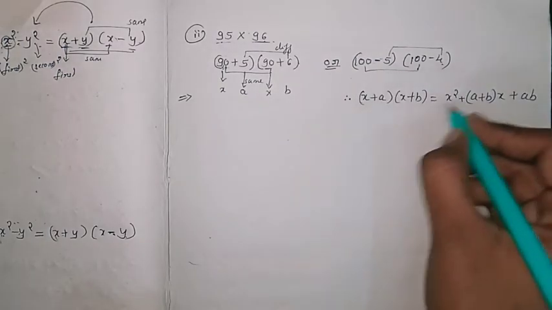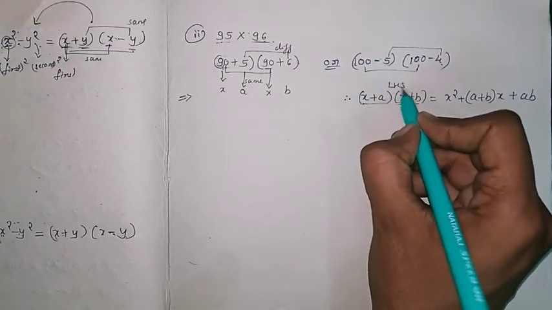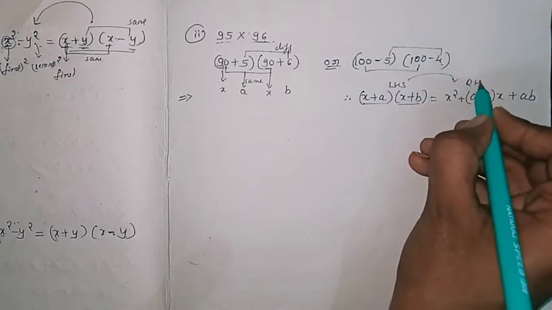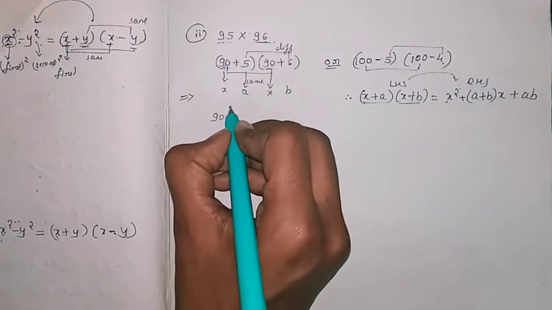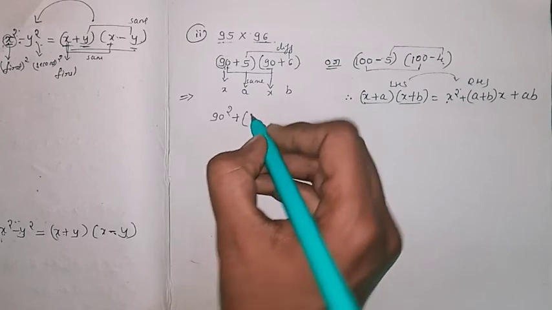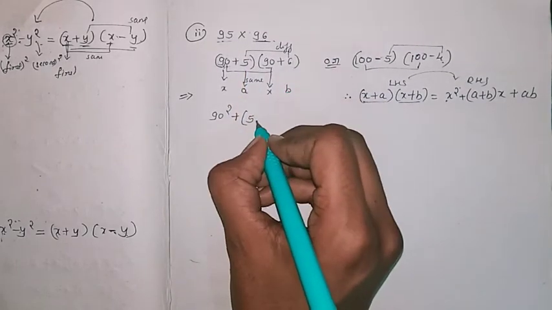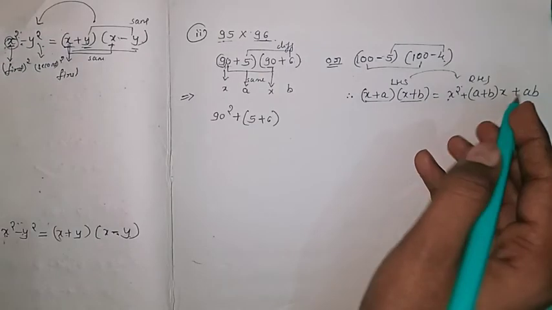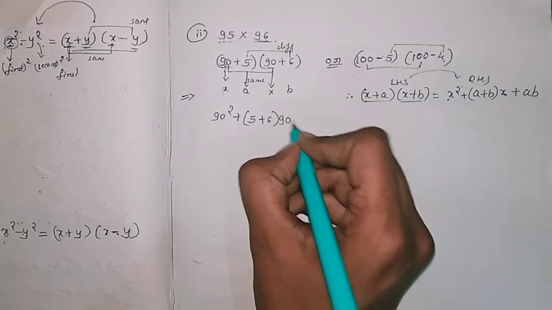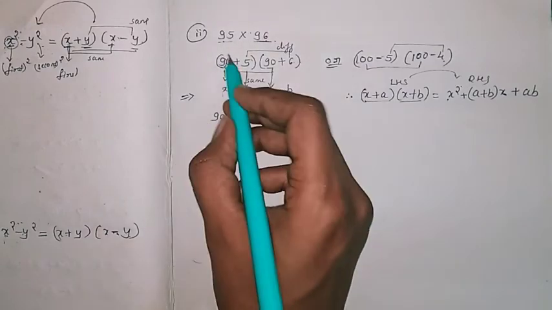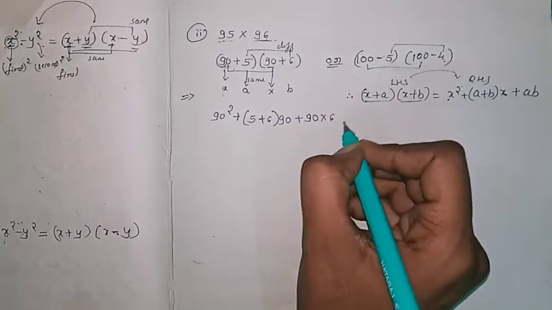As we have the LHS and we have to solve for the RHS, first term x square, where x is 90, so 90 square, plus the bracket a plus b, times x, plus a into b.